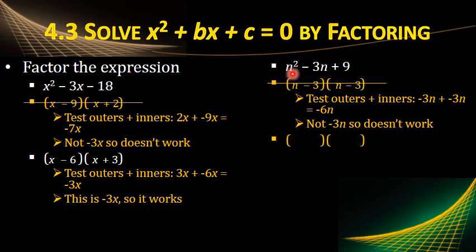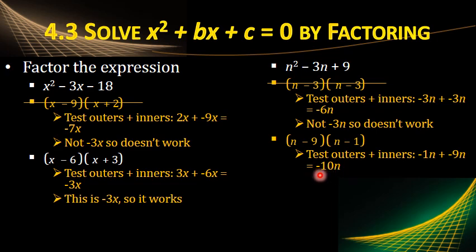N squared is still going to be n times n. But what else times what else makes 9? How about 1 times 9? So let's try negative 1 times negative 9. Test this with the outers and the inners. The outers are n times negative 1. Inners are negative 9 times n.